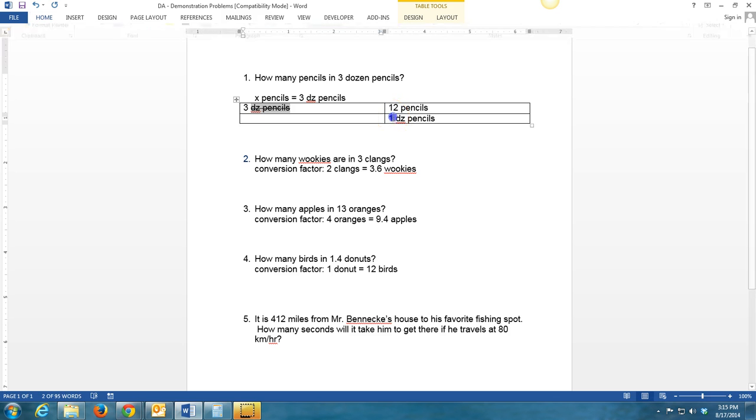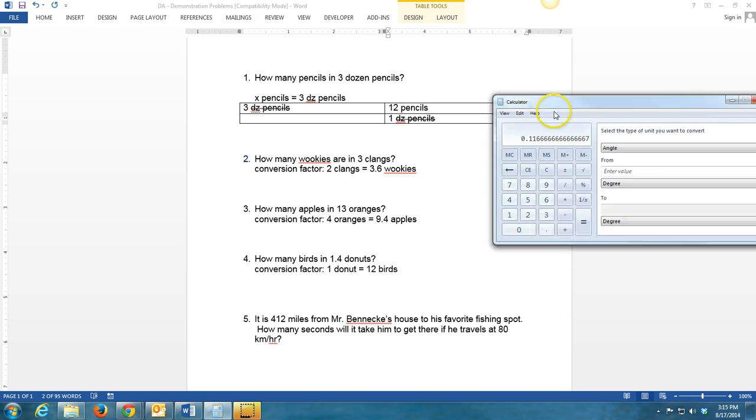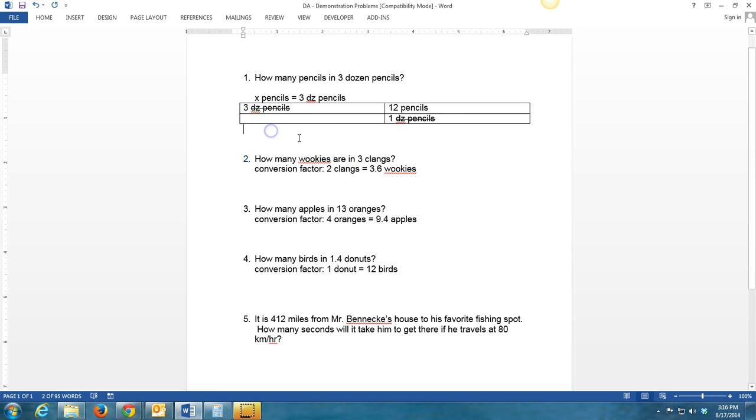Just the units, the numbers stay there. So I can cancel those out. You shouldn't need a calculator for this one, but if you do, that's fine. You've got 3 times 12 divided by 1, which should give you 36. So the answer here is 36 pencils.